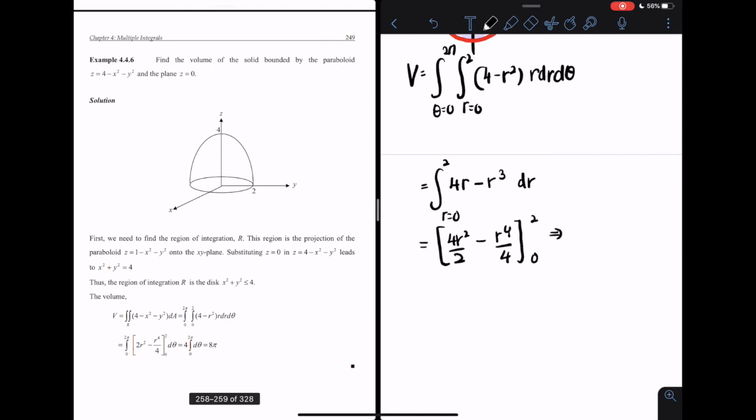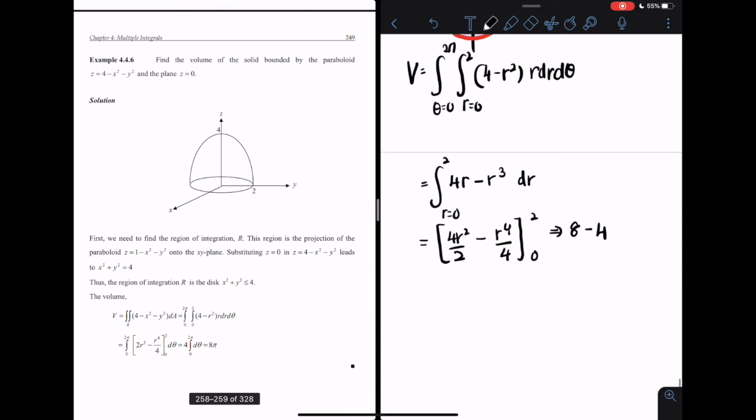In this case, I will get 2 times 2 to the power of 2, which is 8, minus 16 over 4, which is 4.